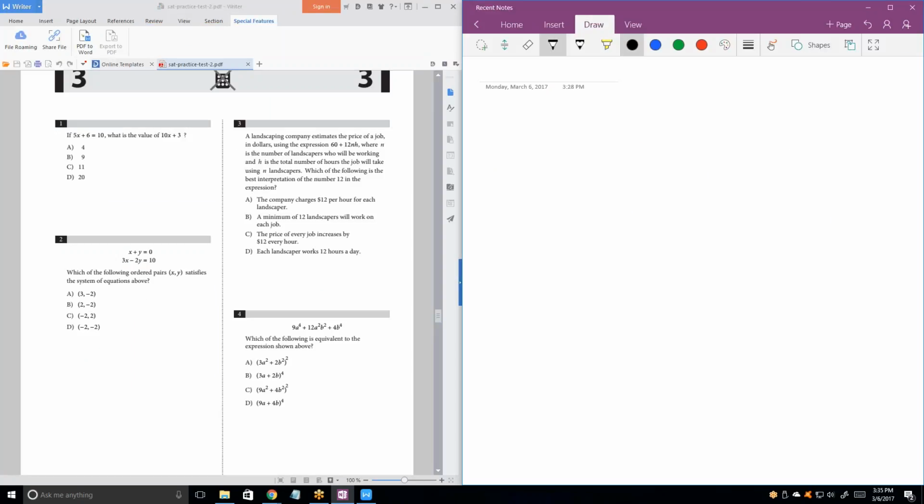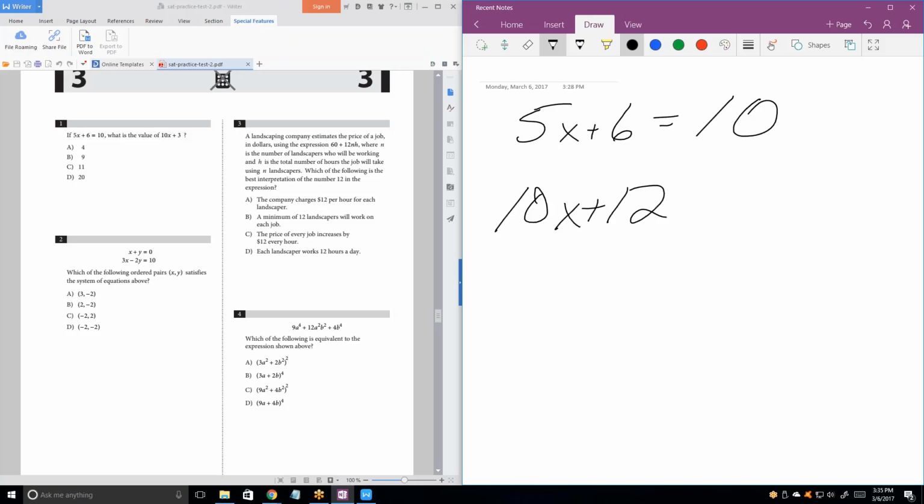When I first looked at this, a lot of times the SAT will give you shortcuts. In other words, they would ask, what would 10x plus 12 equal, without solving for x? 20.